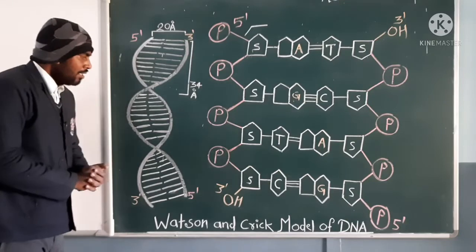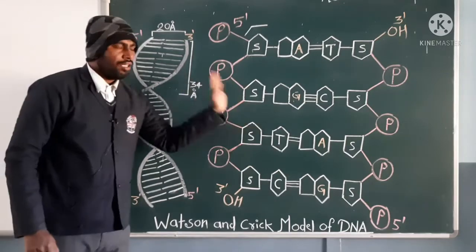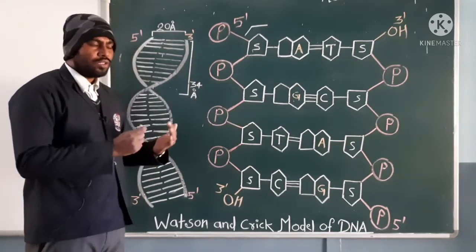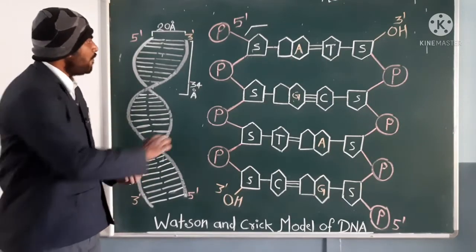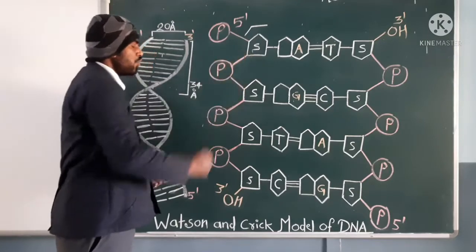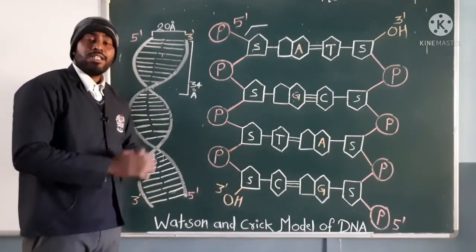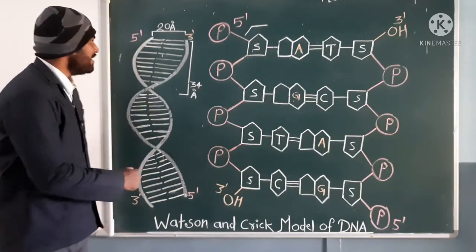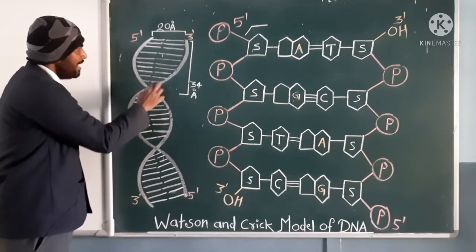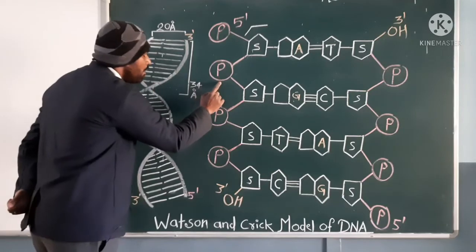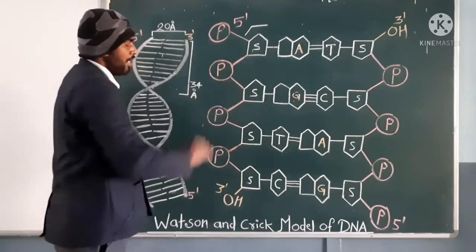Okay. Now when we study in a deeper, molecular manner, according to Sir Watson and Crick, as they propose in this model, the phosphate group and pentose sugar form the backbone of DNA. That means these strands we are looking at in the DNA molecule are actually made up of phosphate group and pentose sugar.